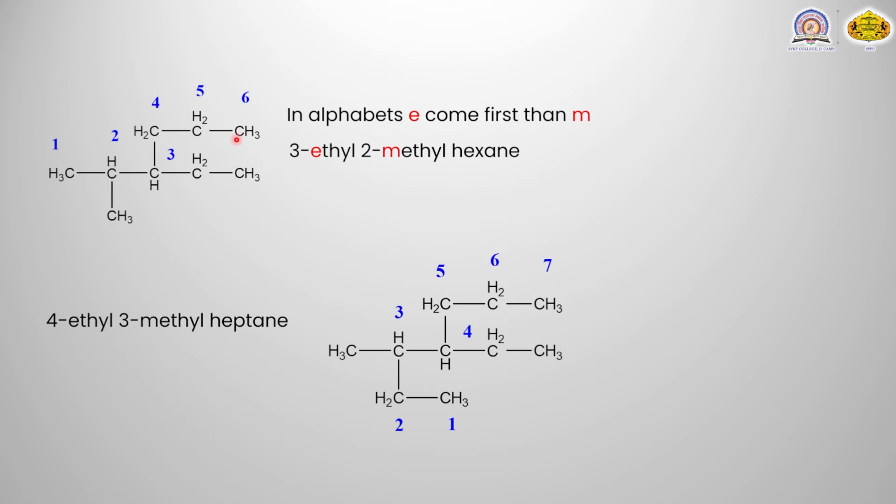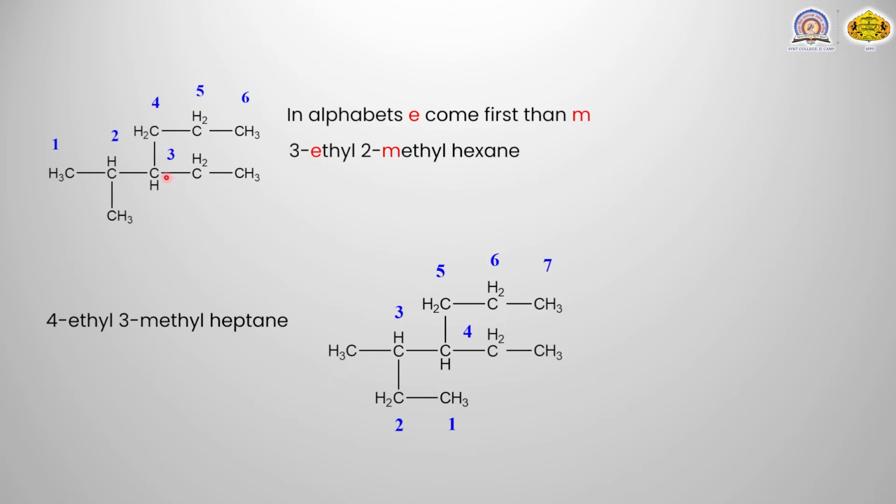After numbering, we have to name the substituents. At the third position, 1 2 3, there is an ethyl substituent, and at the second position there is a methyl substituent. So E comes first.